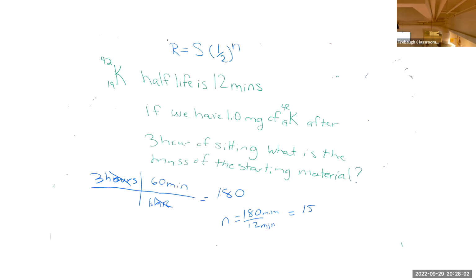We want to solve for S. So we have R over 1/2 to the n, and that's going to equal S. So let's go ahead and plug that in. We know that this is 1.0 milligrams divided by 1/2 to the 15th power.